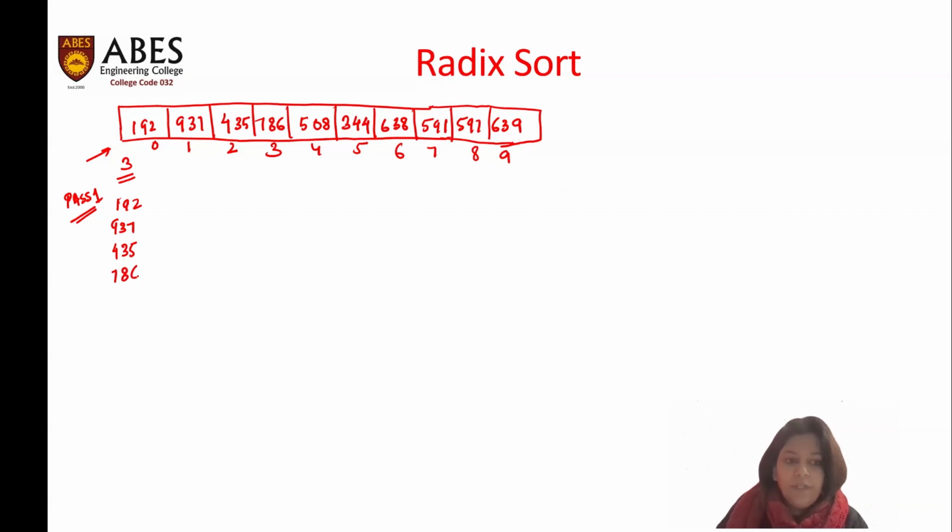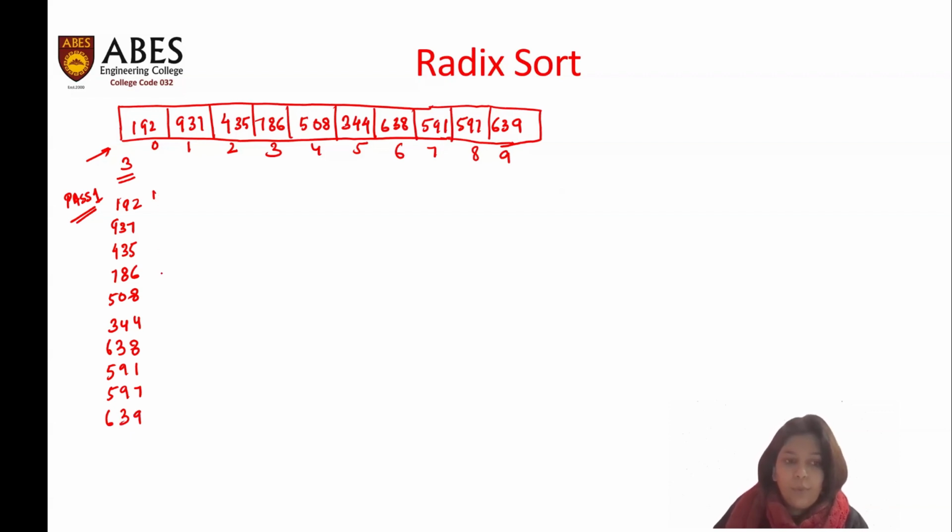And in the first pass, what we are going to do is we are going to sort these values on the basis of the digits that are stored at the ones place in this array.